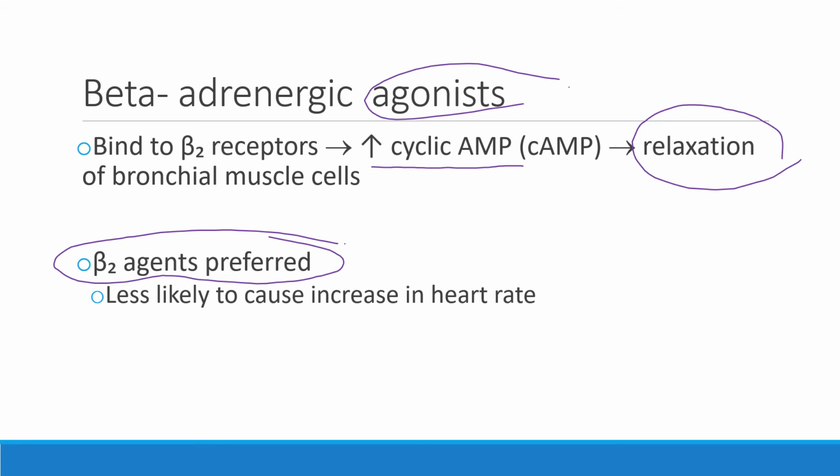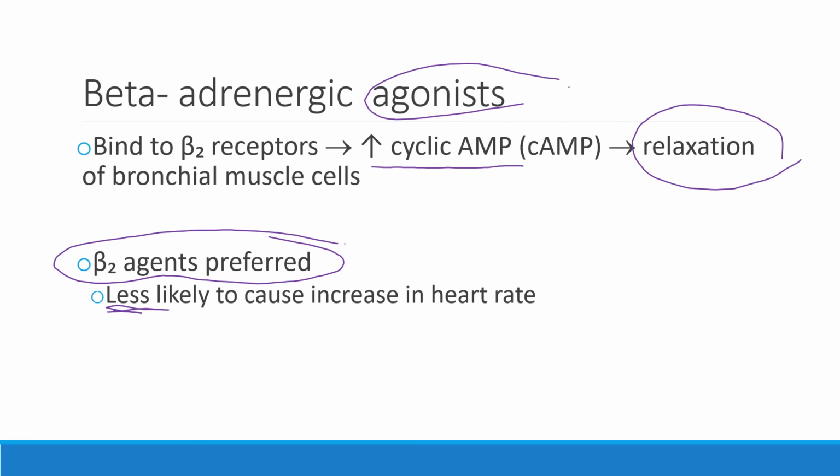And that's one of the best things about these, their side effects are usually going to be fairly minimal, right? They're less likely to increase heart rate because they're specific to the beta-2 sites. They don't have much alpha in there. There's not much that will go into systemic absorption.